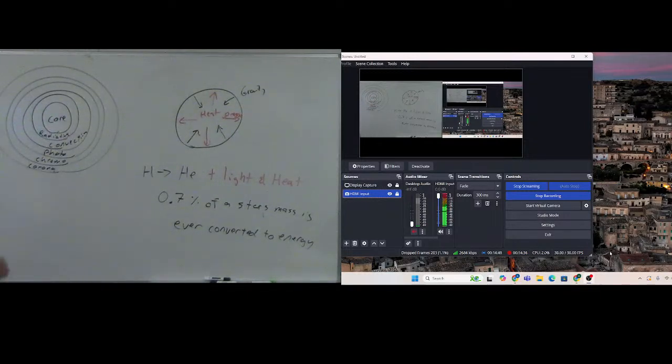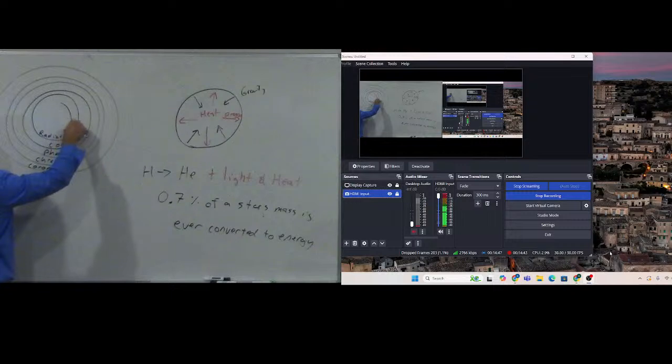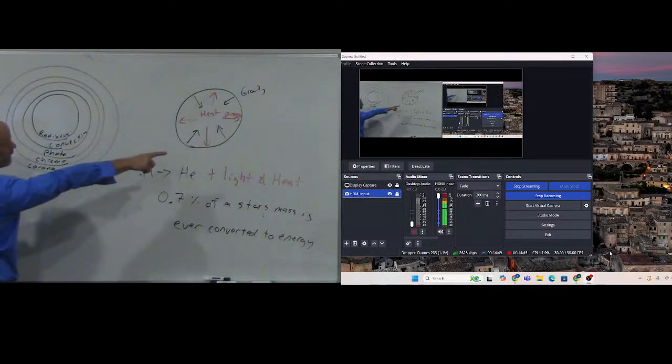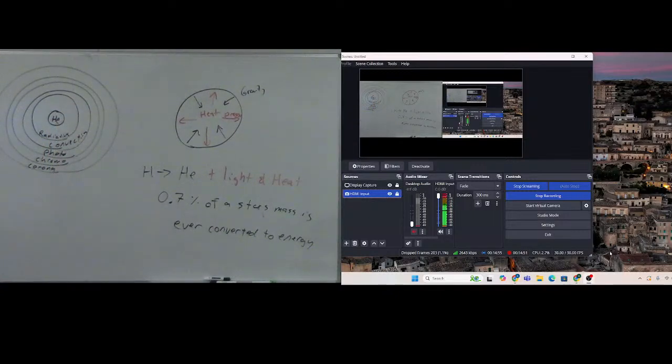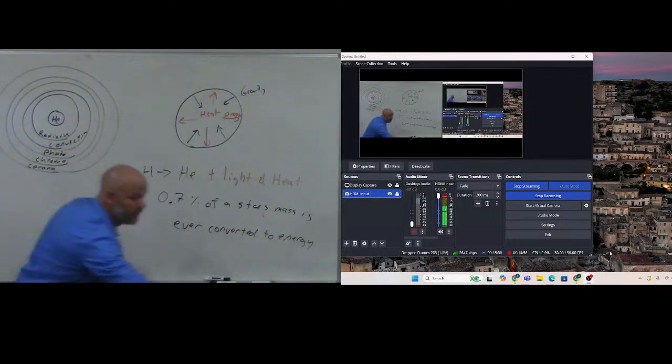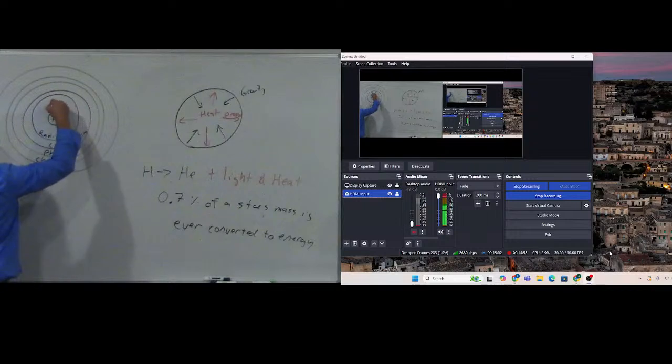But when I run out of hydrogen, this core is going to shrink because of more gravity than pressure. And it's going to be made up of helium. Okay? But as it shrinks, it heats up. Like a lot.